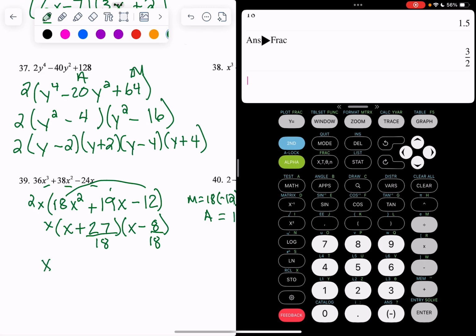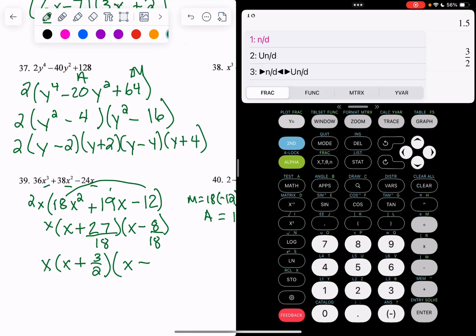So now I have x times x plus 3/2 and x minus. What about 8/18? That sounds intimidating. Alpha y equals 8 over 18. Hit enter.